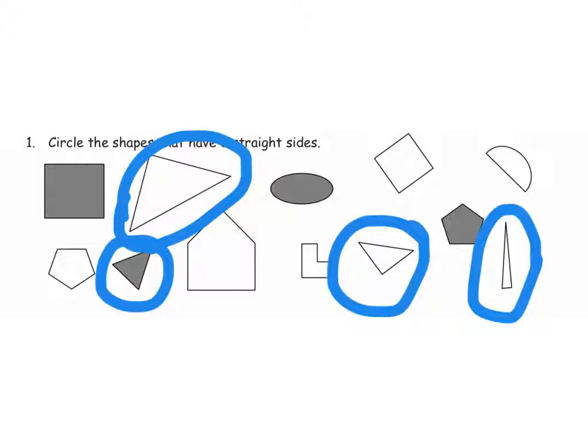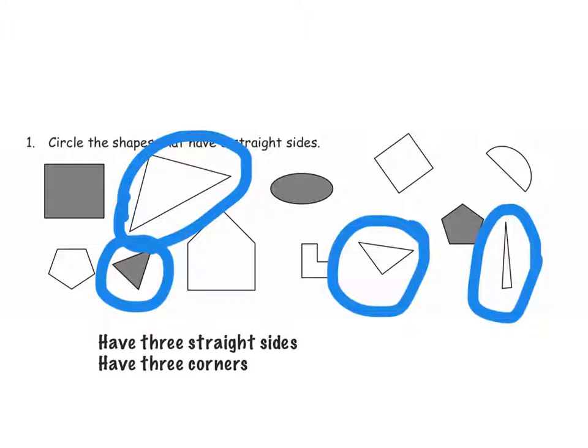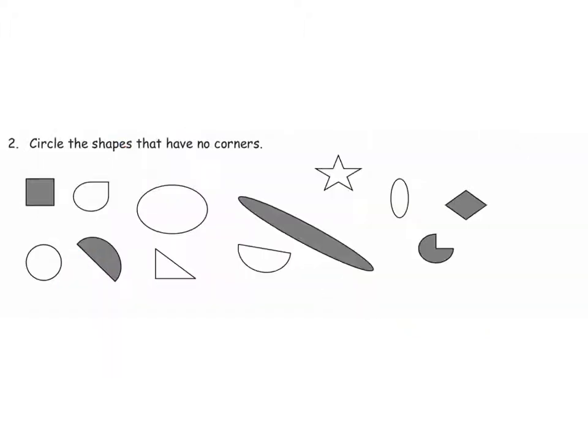What do all 4 of these shapes have in common? Well, all 4 of these shapes have 3 straight sides, like it said in the directions. All 4 of these shapes also have 3 corners. So by looking at these 2 attributes or characteristics of these shapes, we can safely say that all 4 of these shapes can be considered triangles.